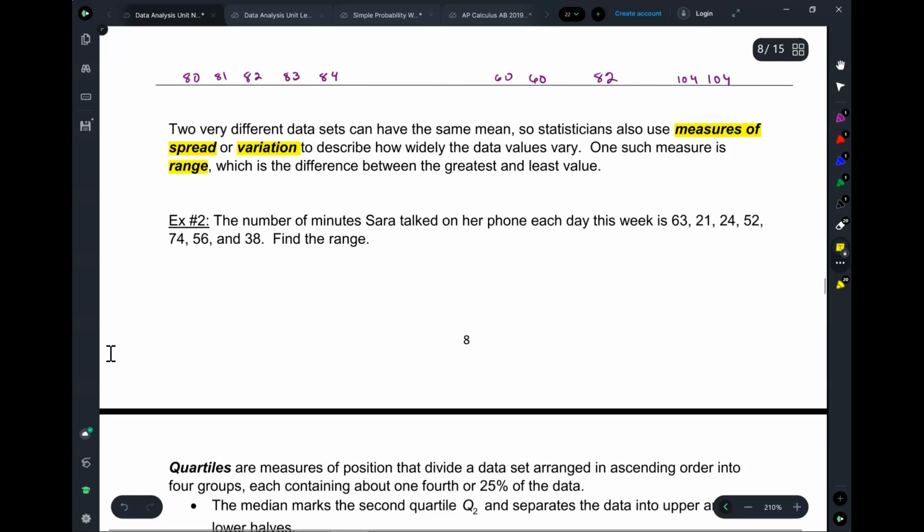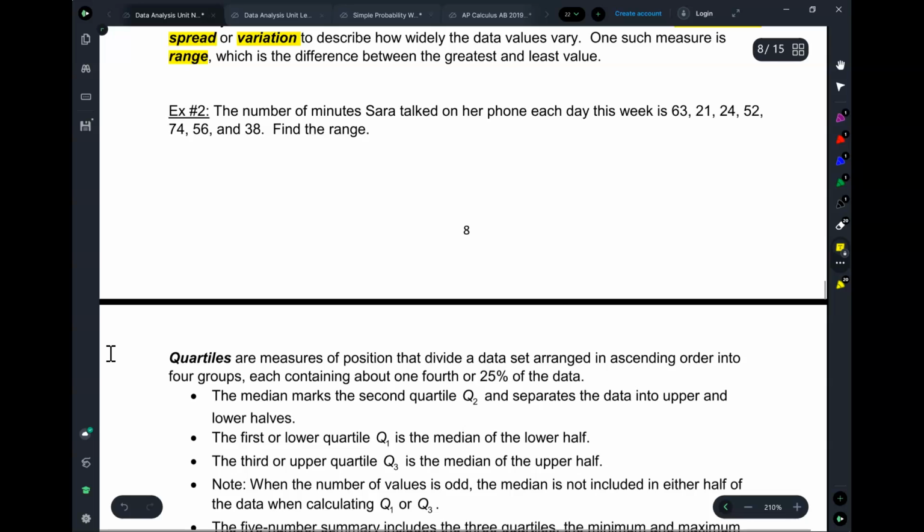So what kind of things measure spread or variation? One is range. And range, what is it, Clay? The difference between. Okay, range is the difference between. So you basically take the highest value minus the lowest value.